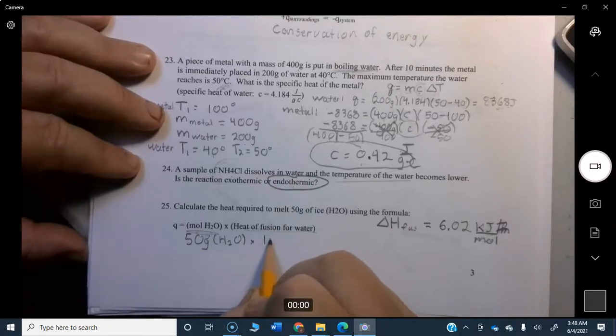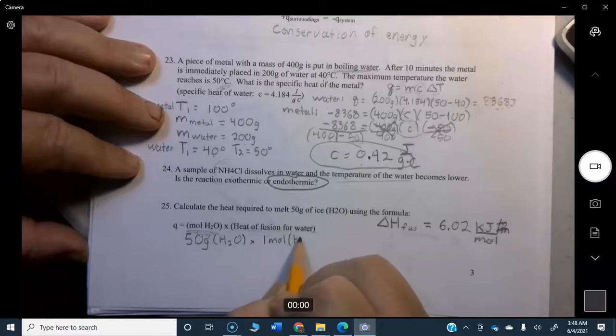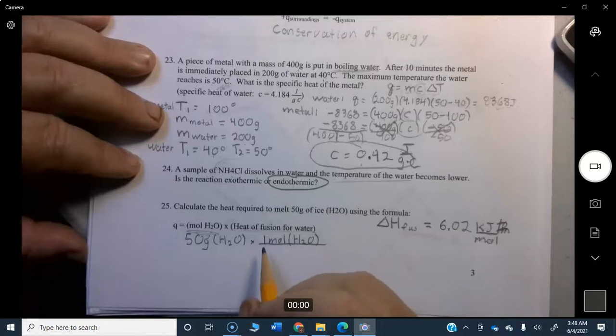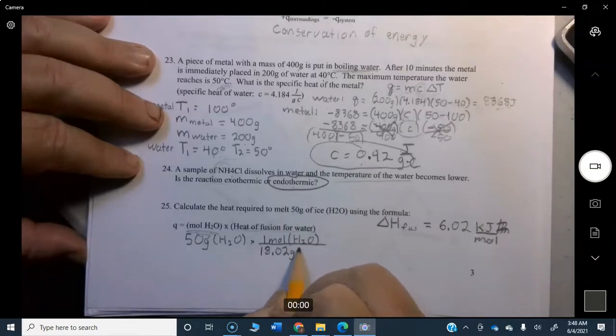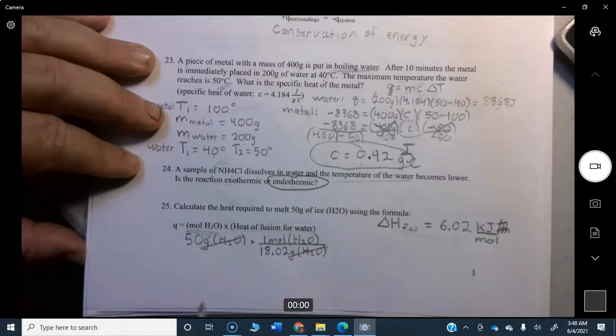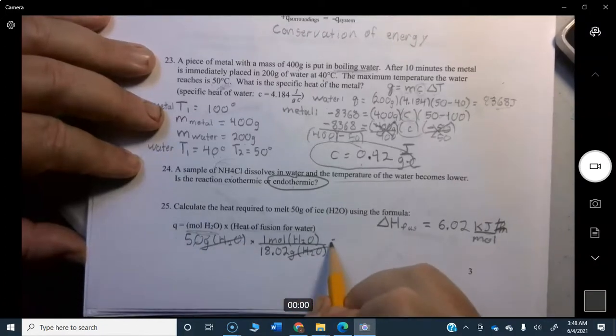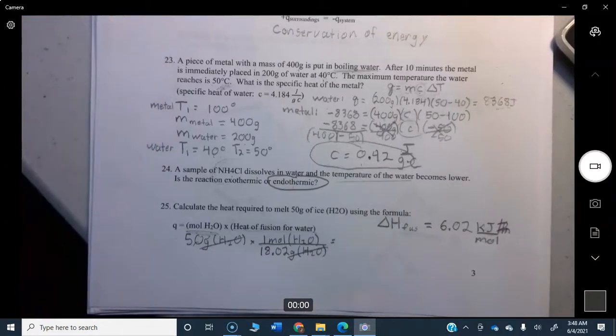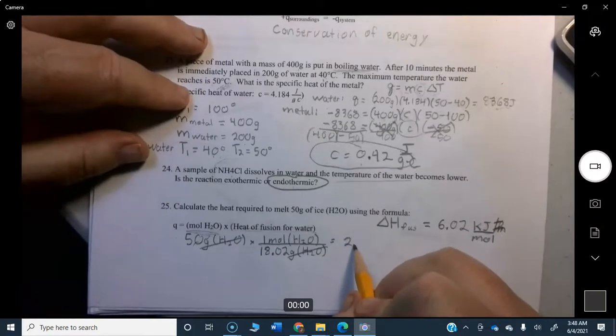So it's 1 mole and 2 hydrogens at 1.01 times 1 oxygen at 16 gives you 18.02. So 50 divided by 18.02 is going to equal 2.77 moles.